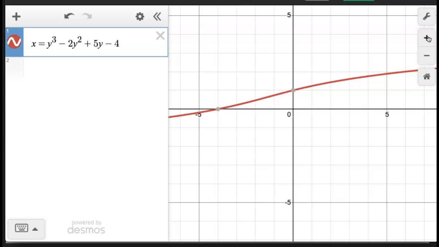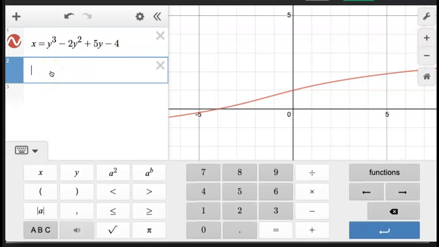Now this next step, I'm going to show you to show you something else. You won't necessarily have to do this to find your solution, but let me just show you, right? So this equation right here, I've got to set equal to x. What we're interested in is the solution when x equals 0.